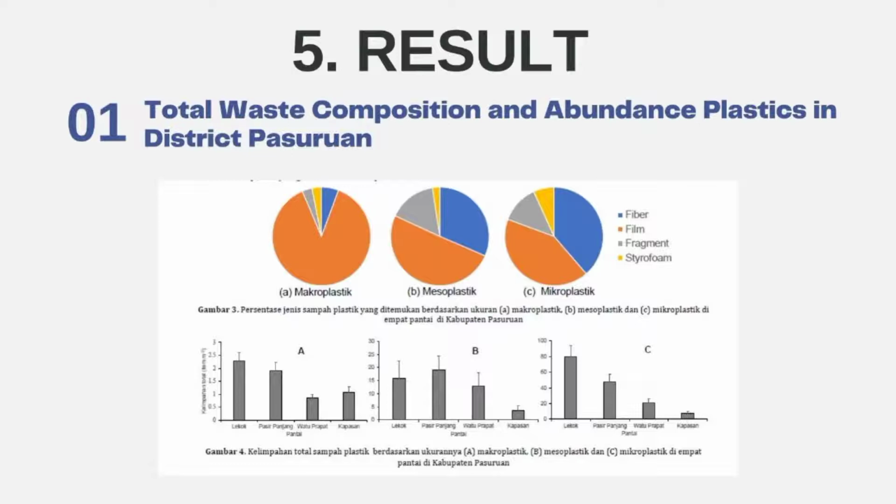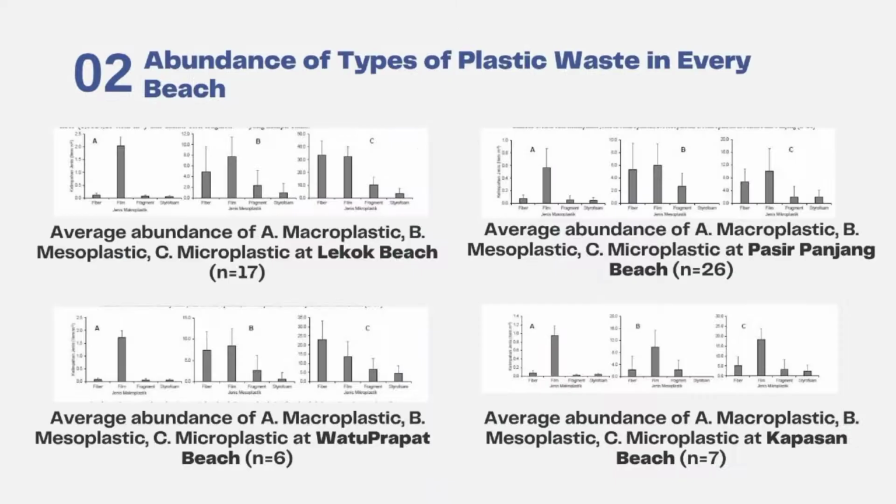In figure 4b, in the mesoplastic category, the highest abundance was found in Pasir Panjang Beach, followed by Lekok Beach, Watu Prapat, and Kapapasan. And in figure 4c, microplastic in Lekok Beach was found to be higher than at Pasir Panjang Beach, Watu Prapat, and Kapapasan Beach.